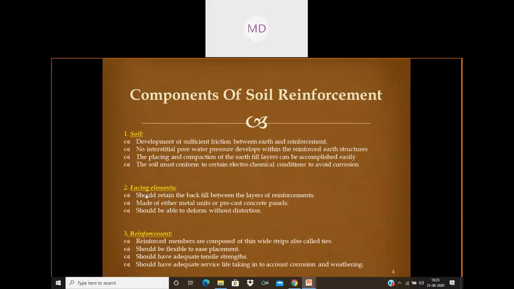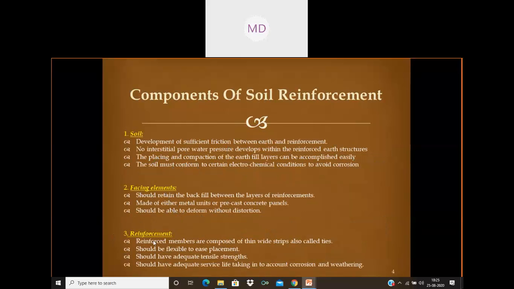It should retain the backfill between the layers of reinforcement, made of either metal units or precast concrete panels, and should be able to deform without distortion. This is the main important characteristic. It should get deformed, but it should not get distorted. I hope it is clear what is deformation and what is distortion.